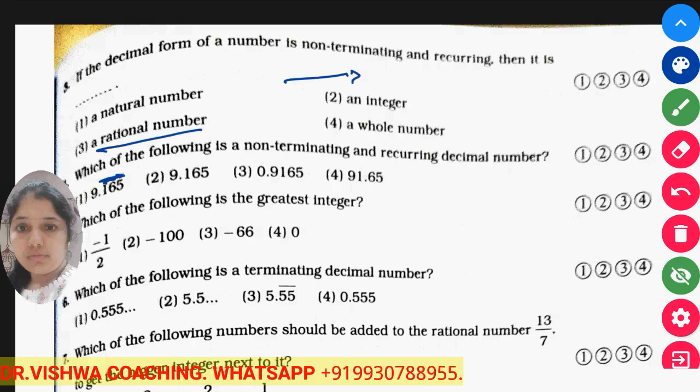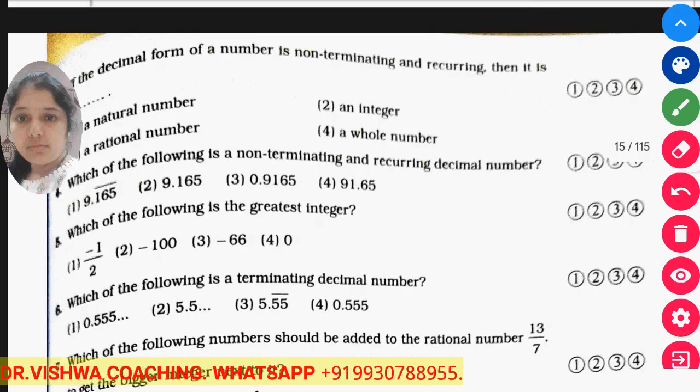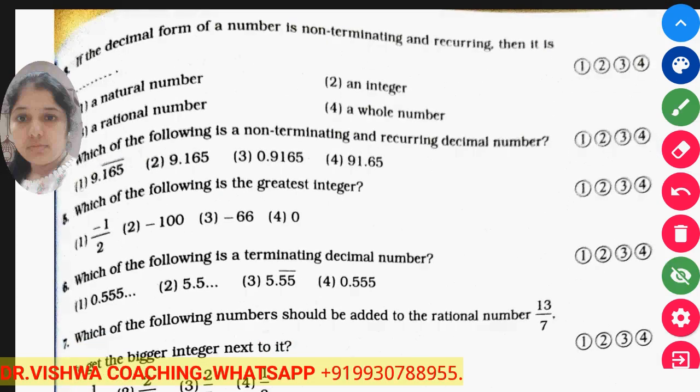Non-terminating means the decimal which has no end, and it is shown with this slanting line on the non-terminating digit. Okay, so here also in the next question, which of the following is a non-terminating recurring decimal number? So option number 1 is the non-terminating recurring decimal number.